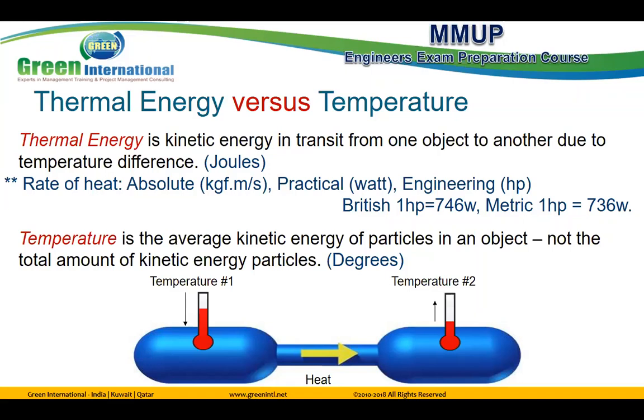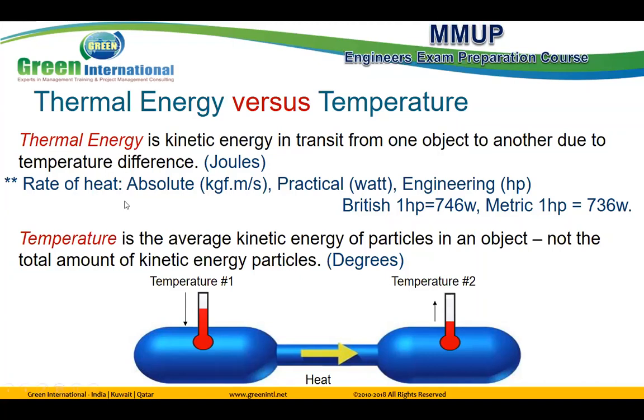Temperature is the average kinetic energy. Still, it refers to kinetic energy also, but this is the average kinetic energy of particles in an object. Not the total amount of kinetic energy of particles, but the average kinetic energy of particles.